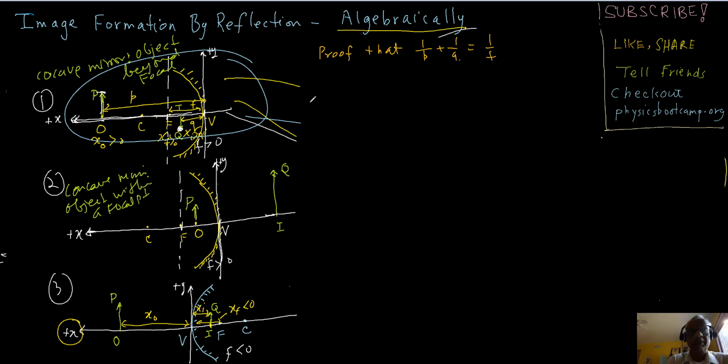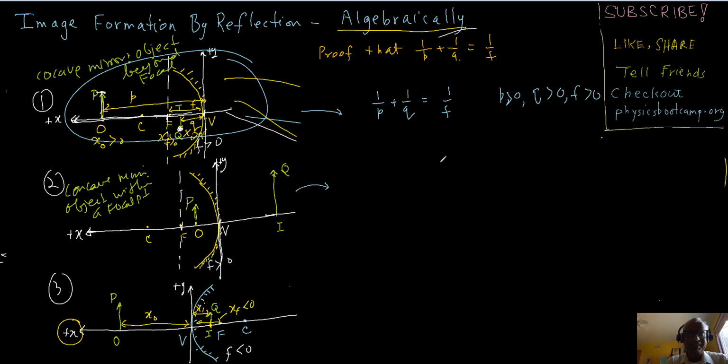So we got 1 over P plus 1 over Q equals 1 over F, with P greater than 0, Q greater than 0, F greater than 0.